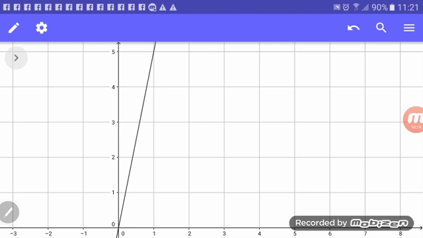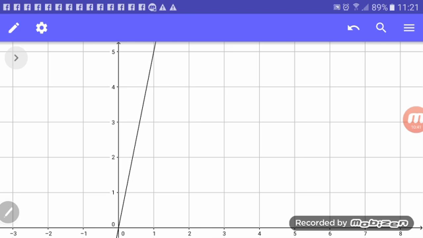So our first y point is 0, our second y point is 5. So 5 minus 0 is 5, and that is what goes on top of our fraction. Underneath, we're going to have 1 minus 0.